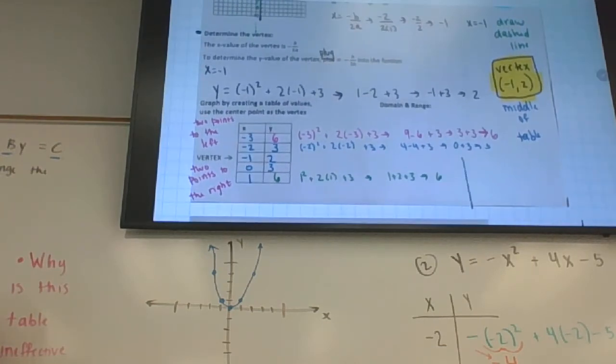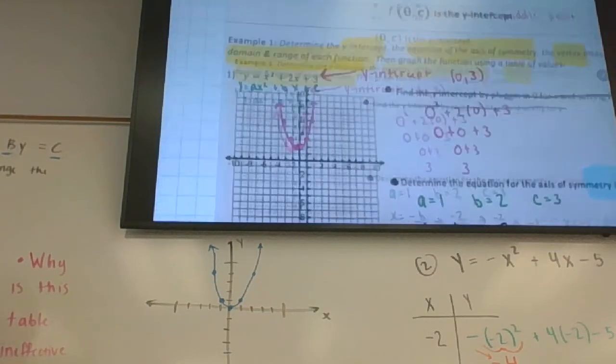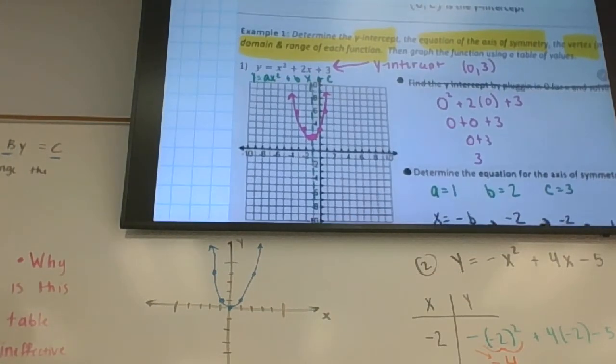I'm going to do my domain and range right here. X is all real numbers for all of these. And the range Y is, where is the range here? The Y value.